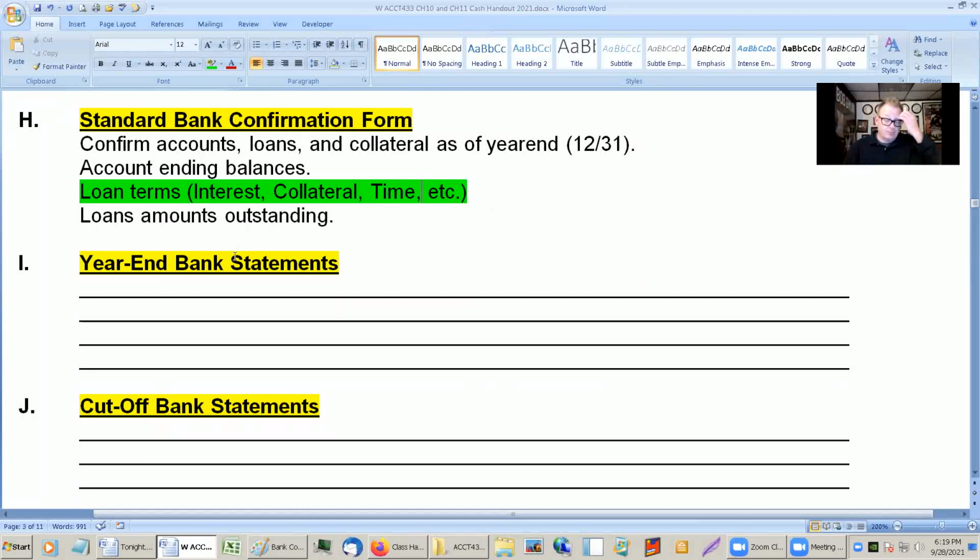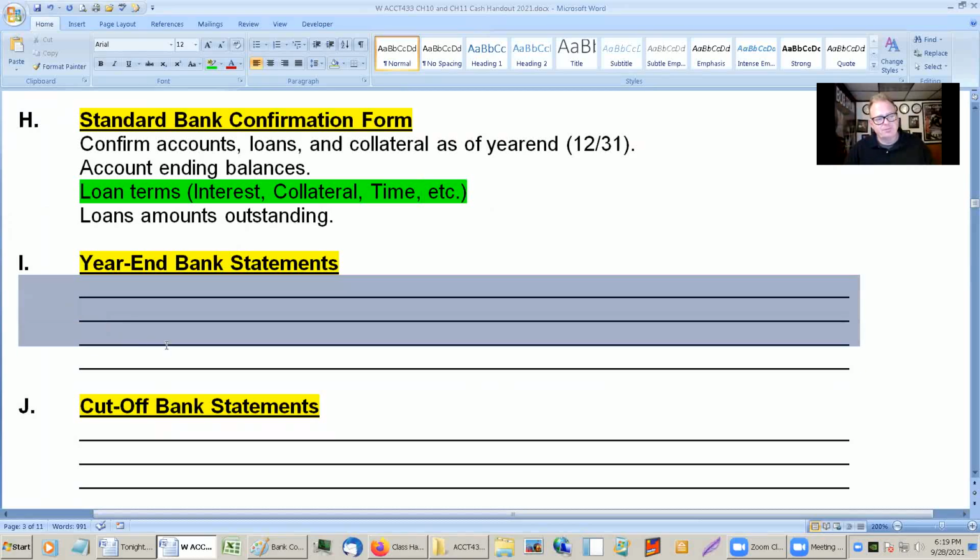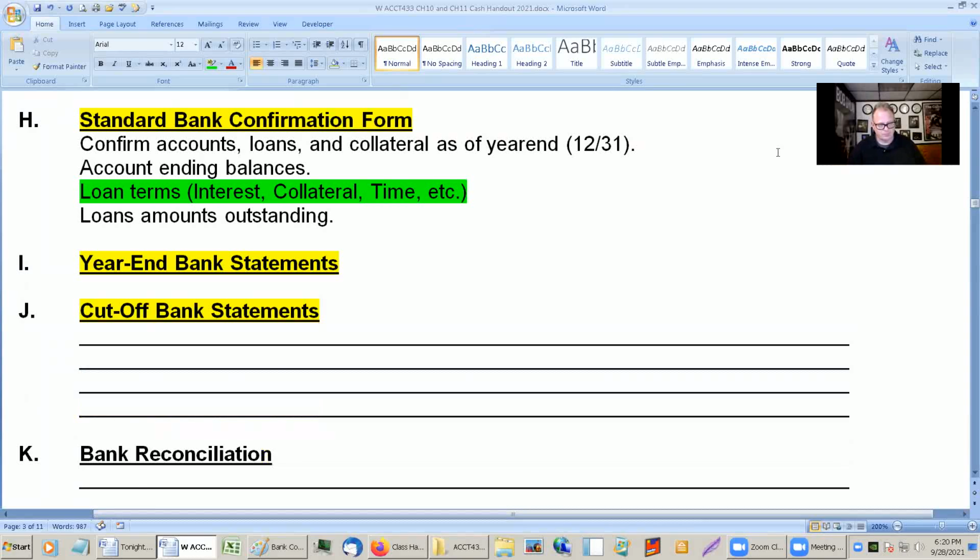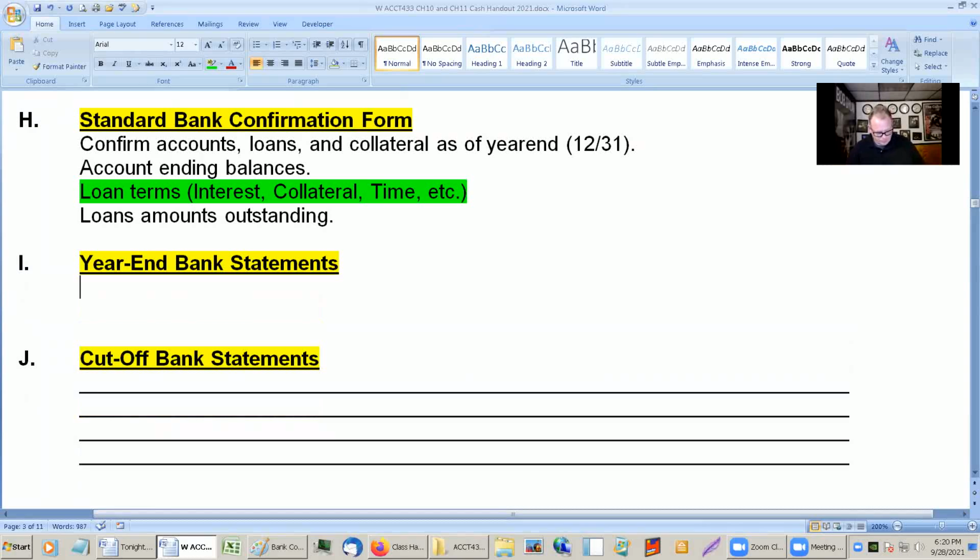Okay. Year-end bank statements. One of these will be sent to the client and used for the bank reconciliation.